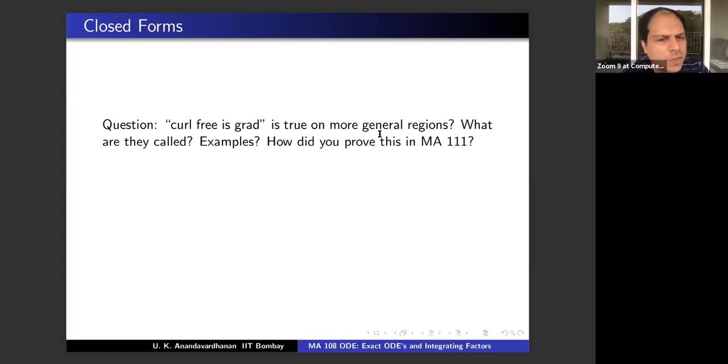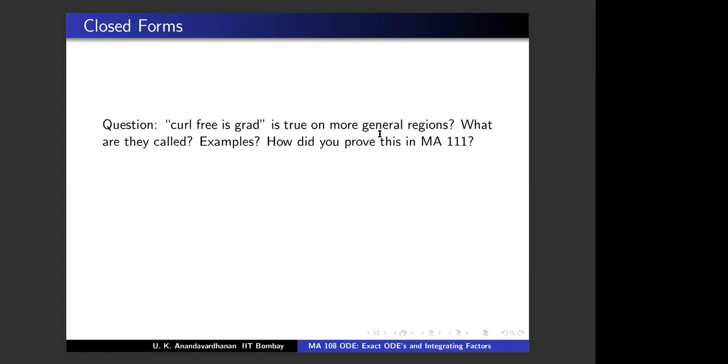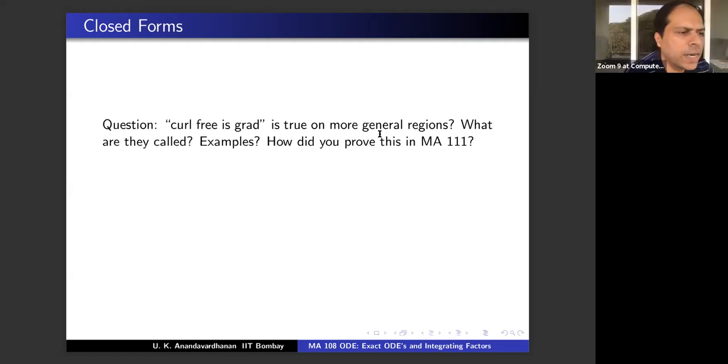That is not the definition of simply connected. For simply connected, we just did that we can draw a loop and then we can shorten the loop again and again until we reach a point inside. You can either take that as the definition, or with slightly more advanced mathematics, one can show that that is the same as saying, given any simple closed curve, that is the boundary of a region.